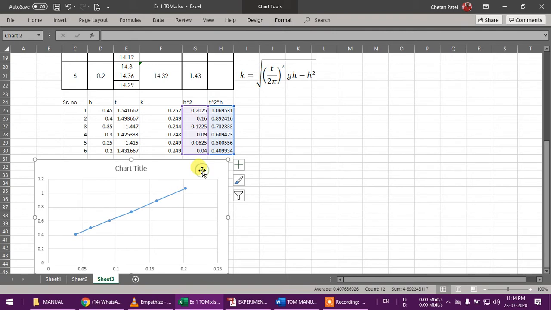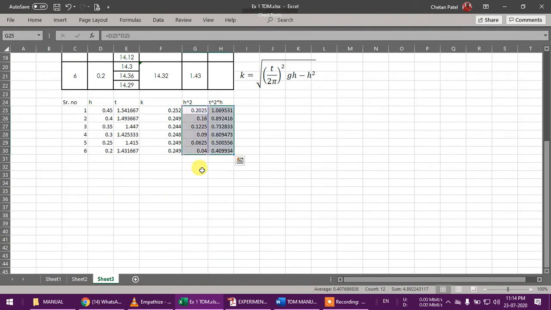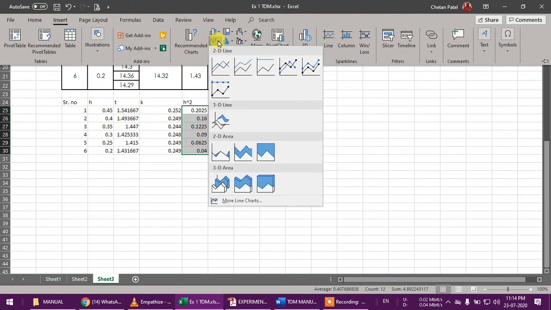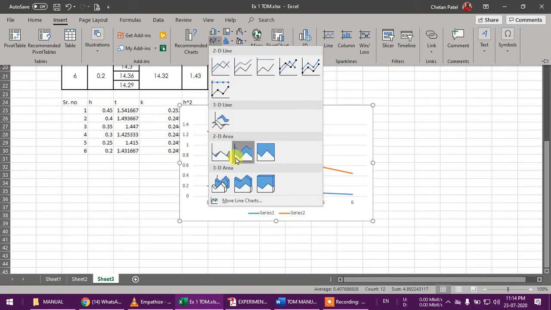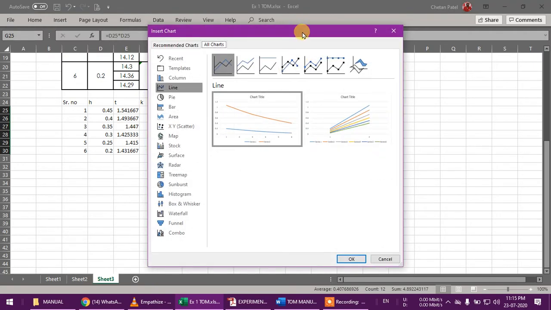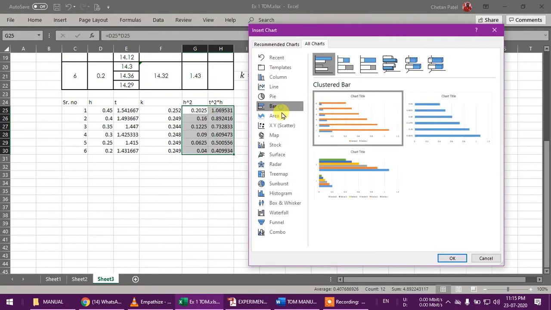Now suppose you don't want to take these to be automatically driven, then also you can select the other one. Select, then go in insert, then go in this case, and you can select any one of these, or you can go in more line charts. So we have this much various pie, bar, area.